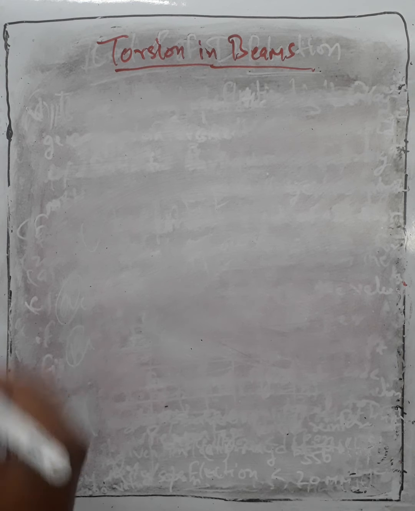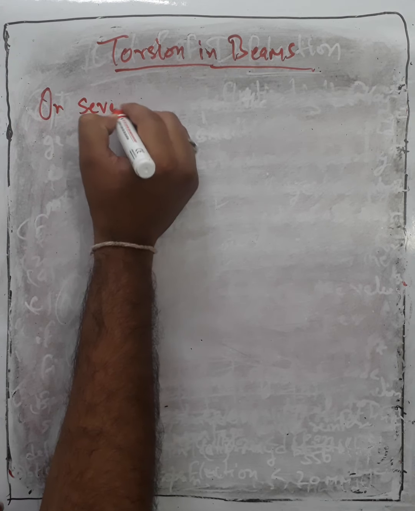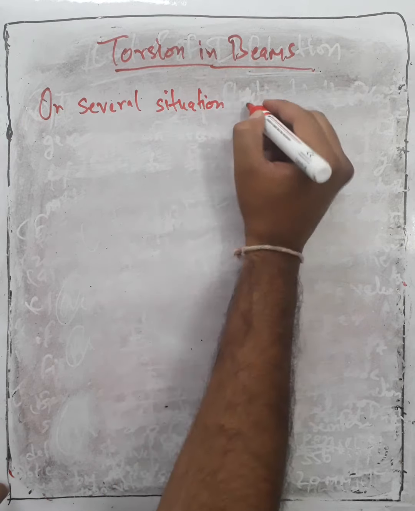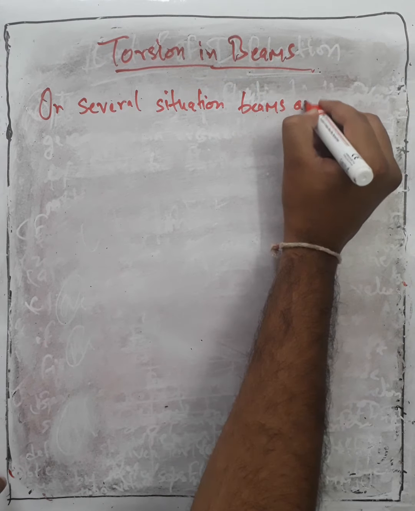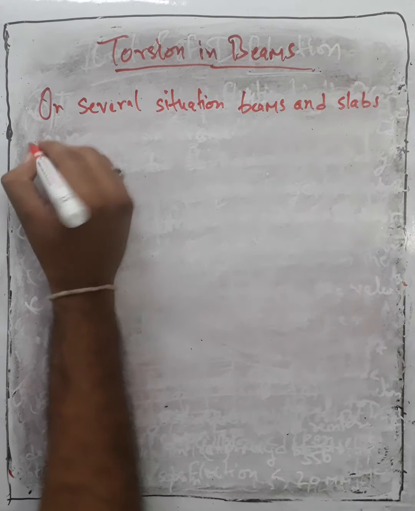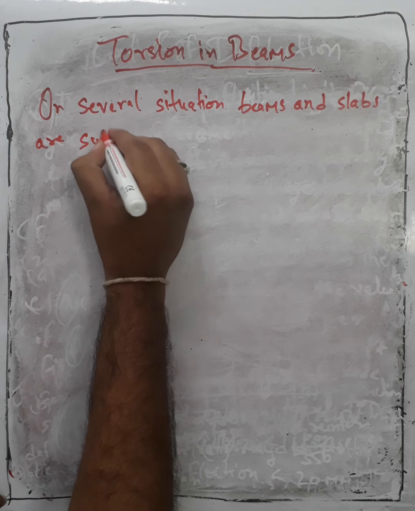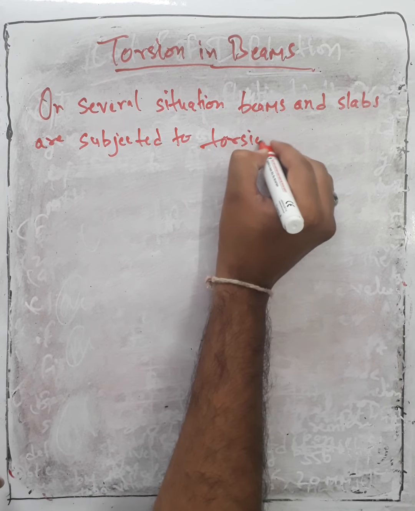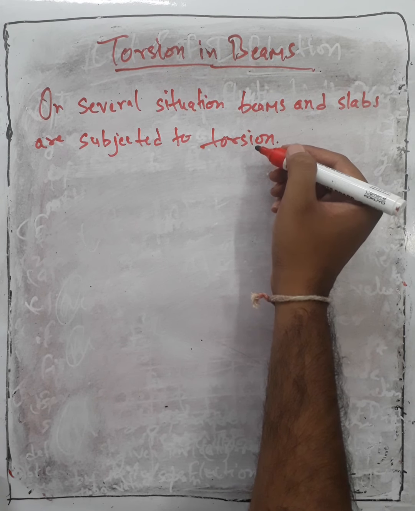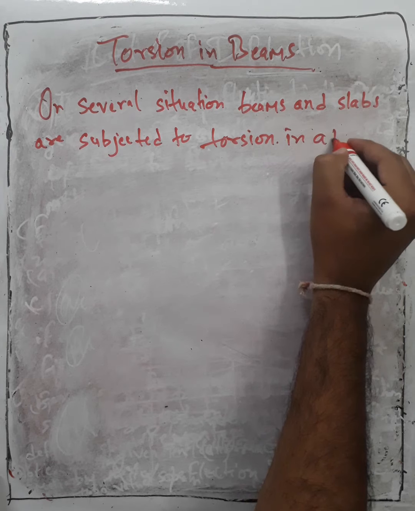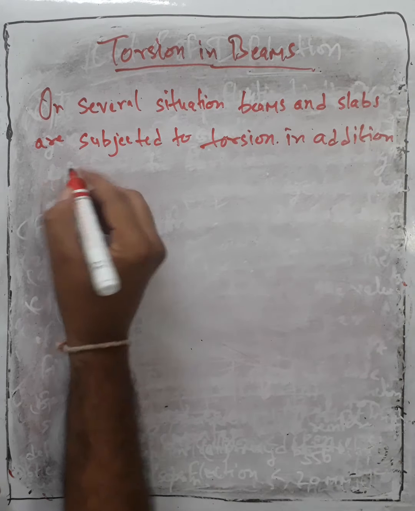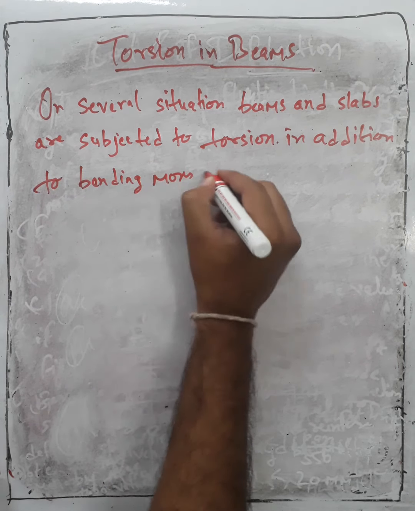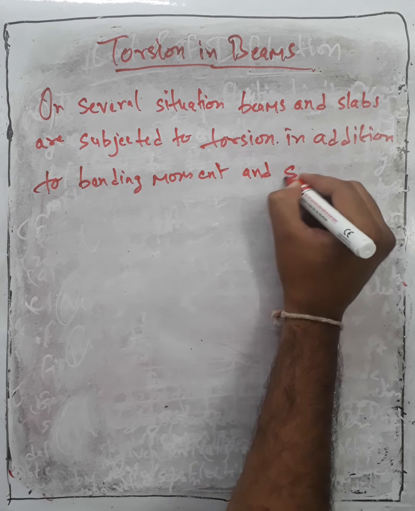Here first we write: on several occasions or in several situations, beams and slabs are subjected to torsion, in addition to bending moment and shear force.